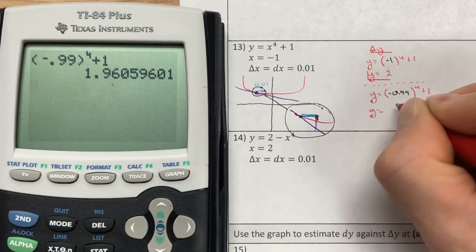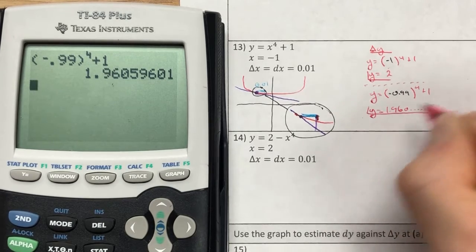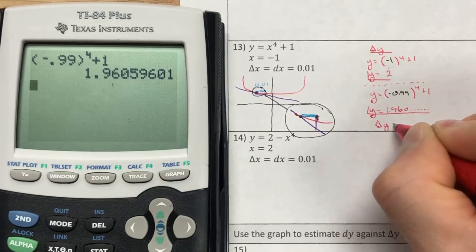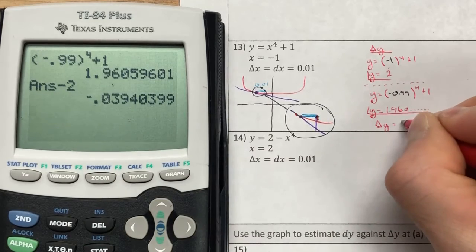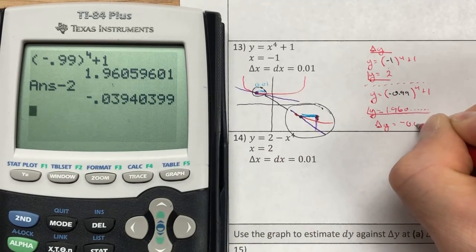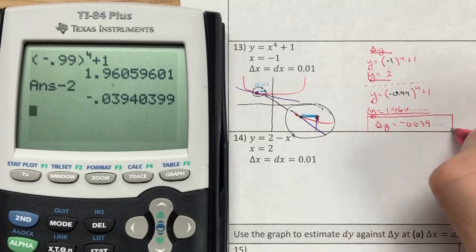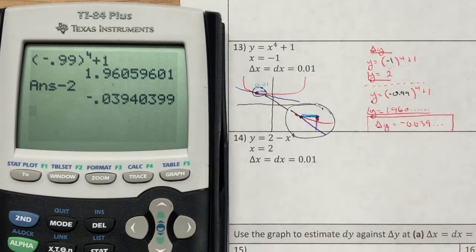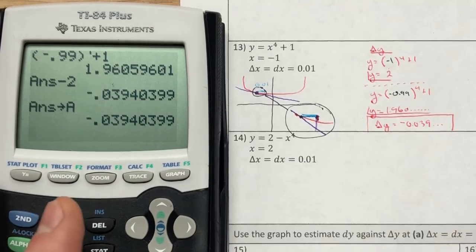So y is equal to 1.9605, for a total delta y of, take that, subtract my 2, I dropped by that amount. So negative 0.039, boom. And because this is a long decimal, I'm going to go ahead and store this as my first answer. Boom.